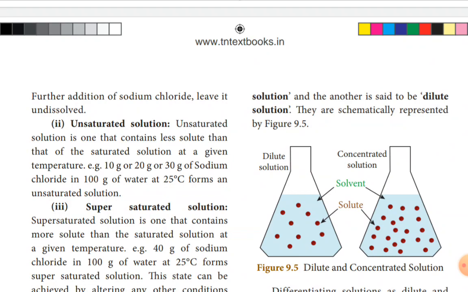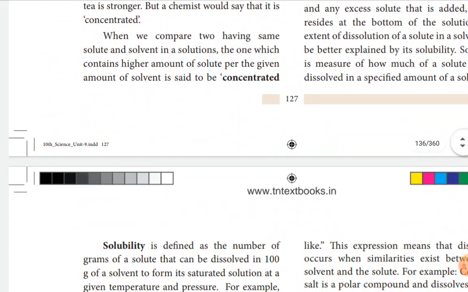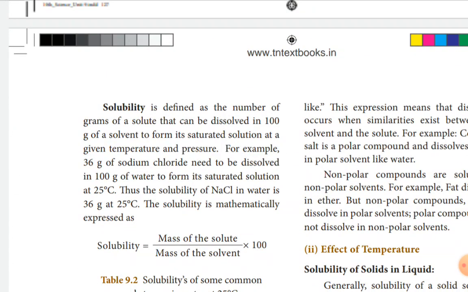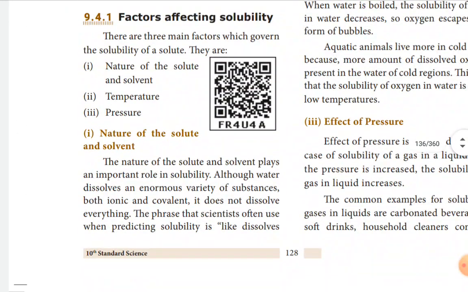Then the second question: write notes on the factors affecting solubility. That is in page number 128, 9.4.1. Factors affecting solubility. Actually, there are three main factors which govern the solubility of a solid.